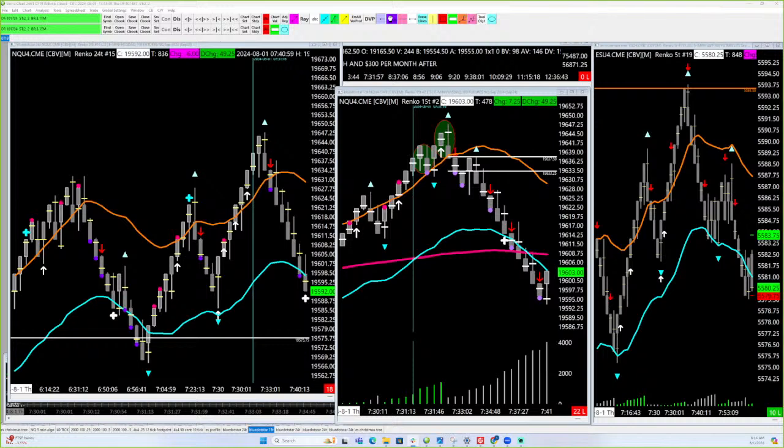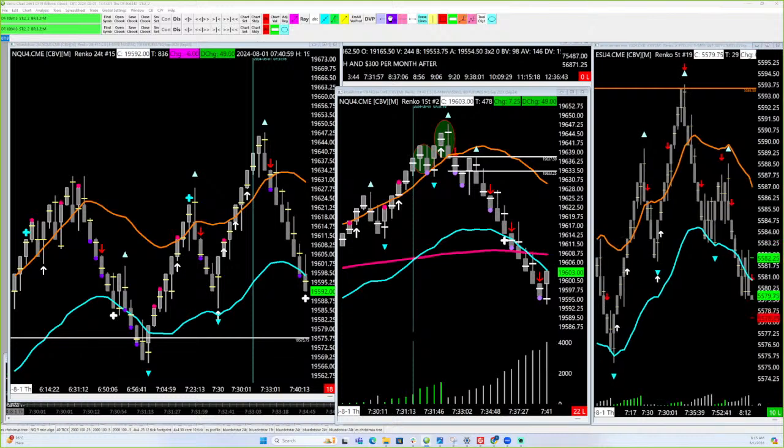Why can't I move this damn thing? It's really frustrating. There we go. So I'm going to use attached orders, targets, remove my exit target, and I'm going to put a stop loss, 10 times 4 is 40 ticks, which is $200.